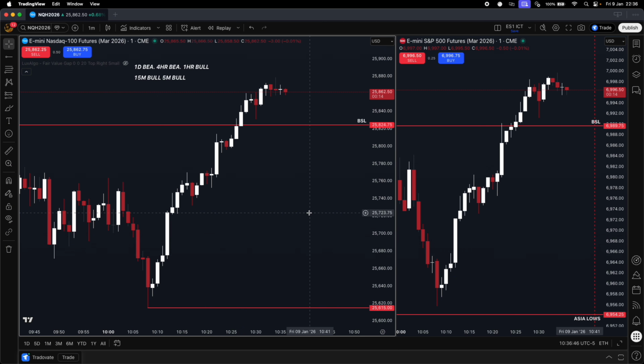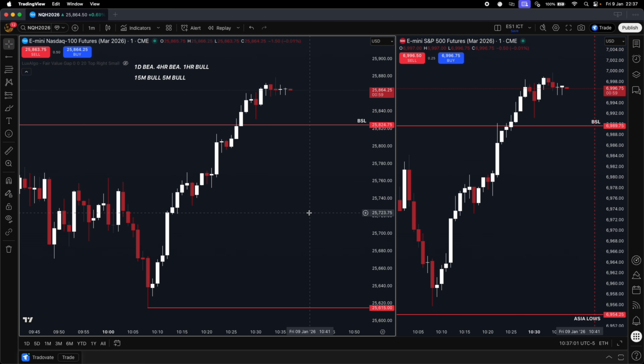As far as London, I don't have that much experience. I actually stopped trading London back around 2023 because it was relatively slow, and the liquidity back in 2023 was still pretty slow in the New York session, so you can imagine what London was like.